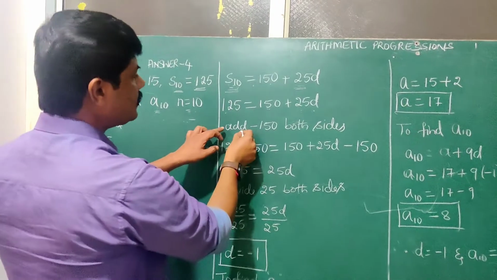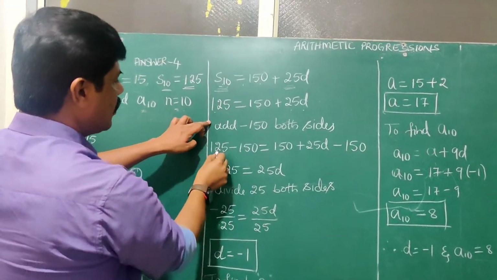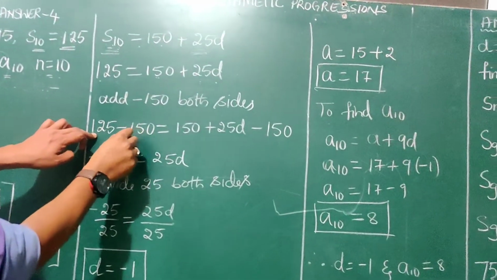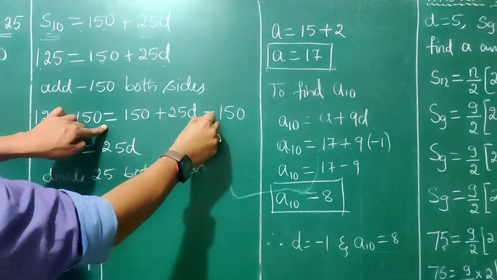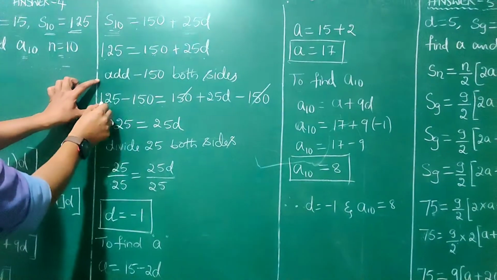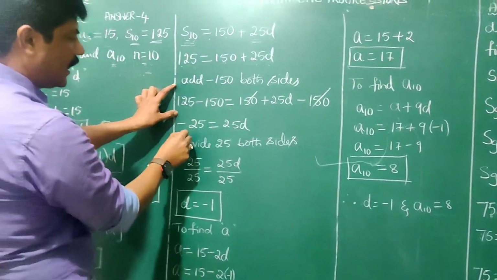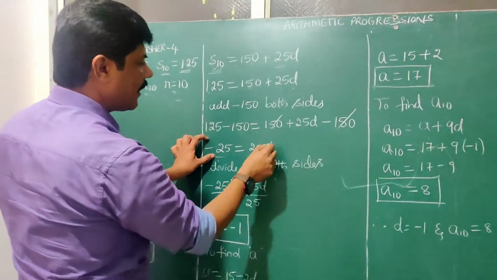Now add minus 150 to both sides, so that 125 minus 150 is equal to 150 plus 25D minus 150. 150 gets cancelled. 125 minus 150 is minus 25, which is equal to 25D.